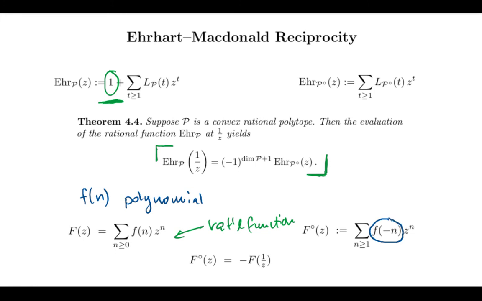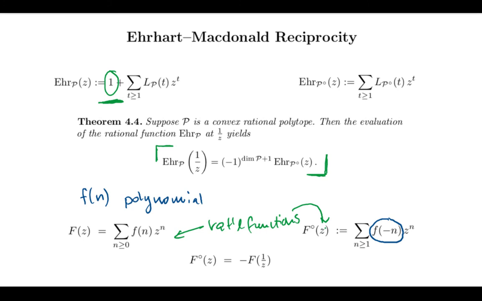So let me form this generating function that I call F circle. So now what I do is I plug in negative evaluations of my polynomial. Well, this is also a polynomial. So again, this generating function that you see on the right over here will evaluate to a rational function.